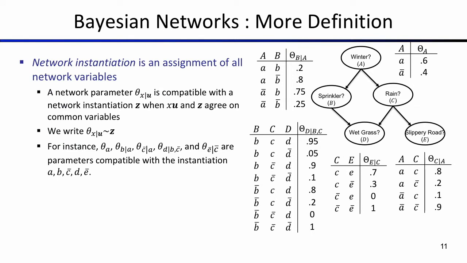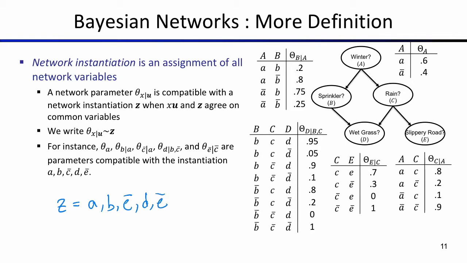When we assign a value for each of the network variables, we have what we call a network instantiation. We can call it z, and we need to give one value for each variable. So I would say that A is true, B is true, C is false, D is true, and E is false.